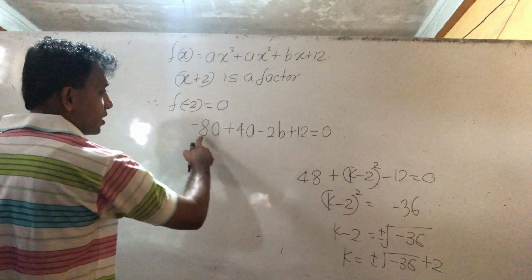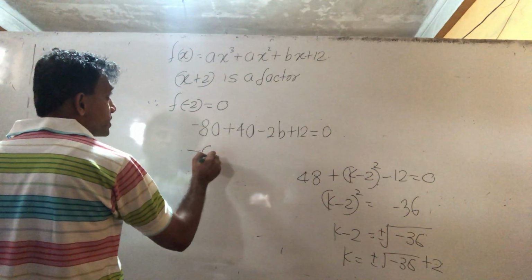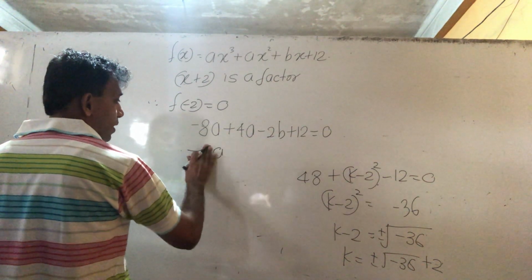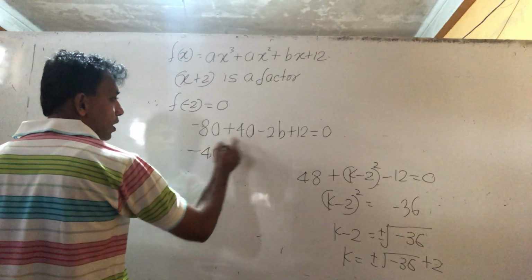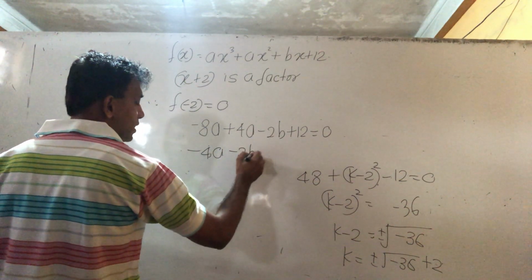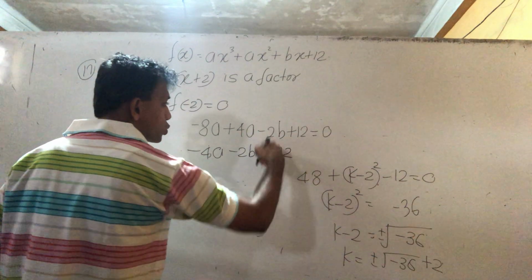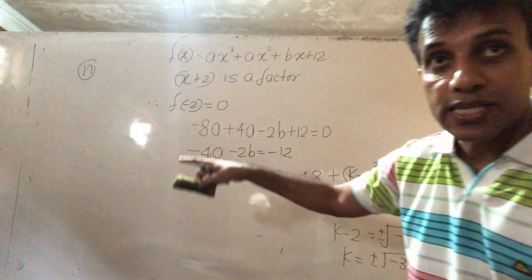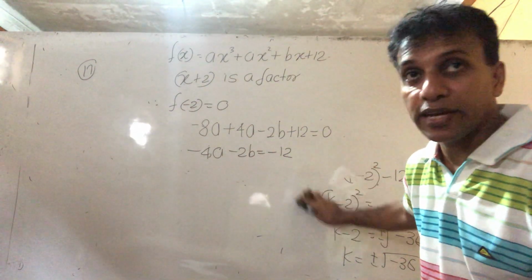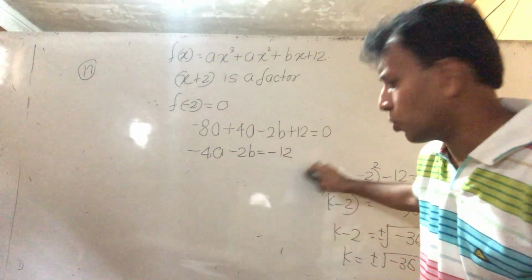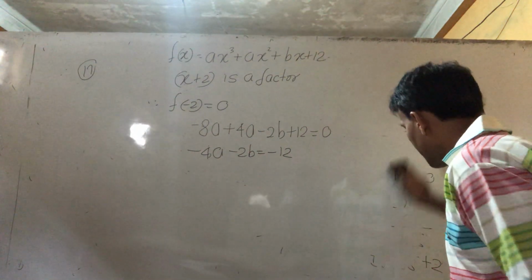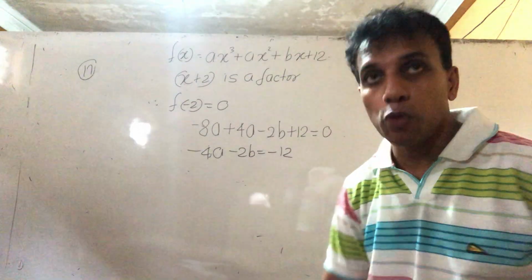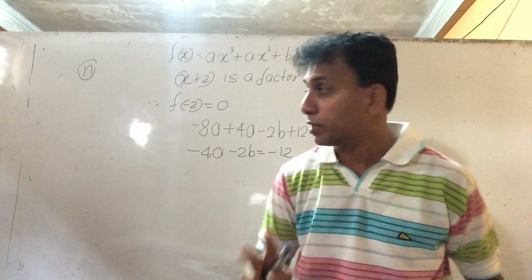Therefore, simplify: minus 8a plus 4a minus 2b equal to minus 12. You can cut by 2 also. After seeing the equation, you find whether it is possible to divide by 2 or not. We need 2 equations to solve because 2 unknowns are available.